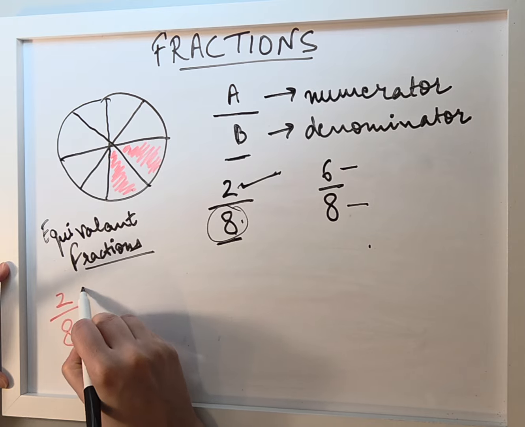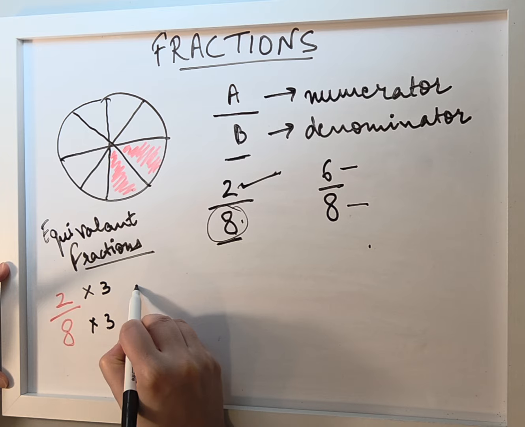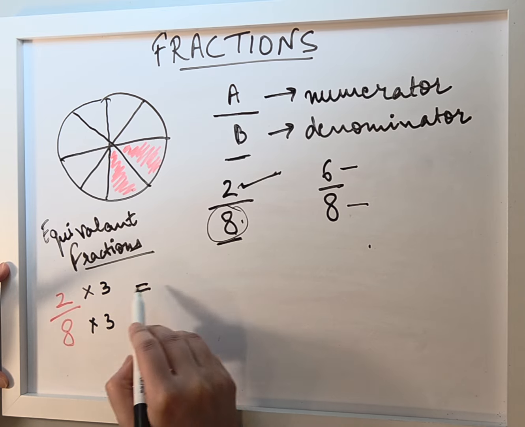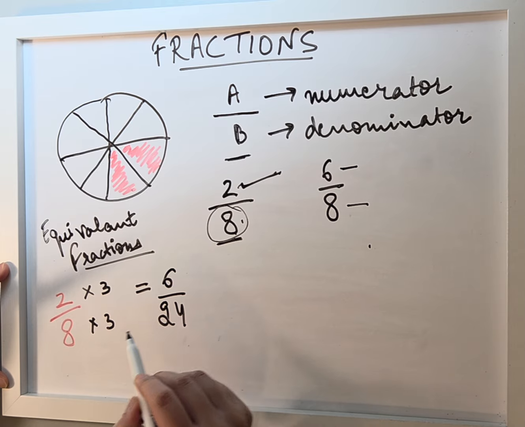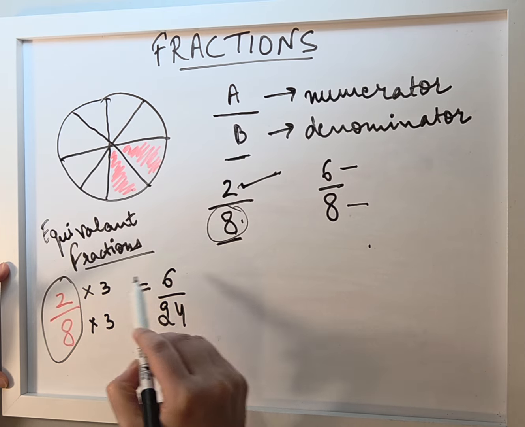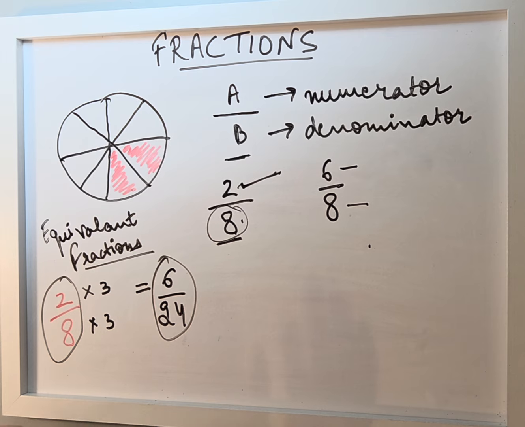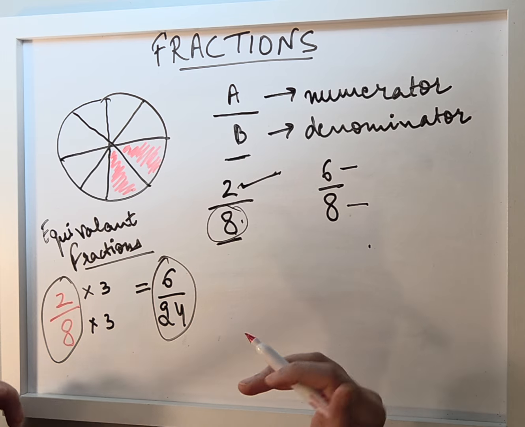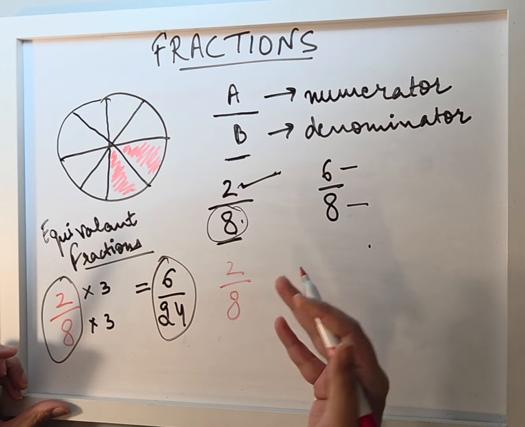Let's start with this. If I multiply numerator and denominator both by 3, what do we get? 2 into 3 is 6 and 8 3s are 24. So we can say 2 by 8 and 6 by 24 are equivalent fractions. And we can further multiply 2 by 8, or we can divide it.